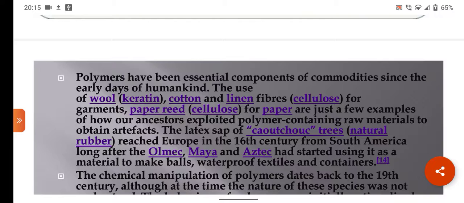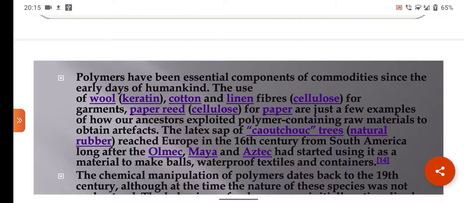Long after the Olympic Maya and Aztec had started using it as a material to make balls, waterproof textiles and containers. The chemical manipulation of polymers dates back to the 19th century.